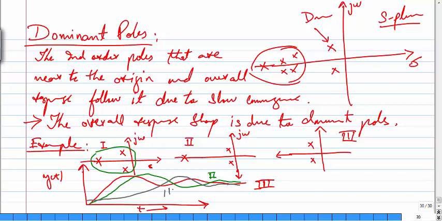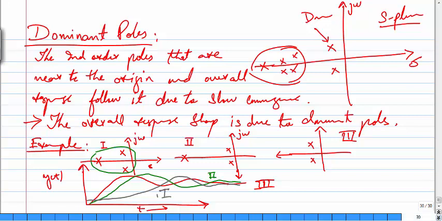So this is case 1. The main idea here is that as you are nearer to the dominant poles, you can affect the shape. Otherwise, if you are further away, due to fast convergence, it doesn't affect much.